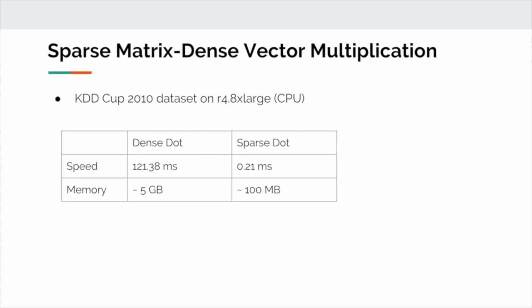You can see that comparing the sparse multiplication and dense multiplication, we get around 500x speedup, and it also saves tons of memory for this extremely sparse dataset. So far we've seen the speed and memory advantage if you use a sparse feature for your sparse dataset.